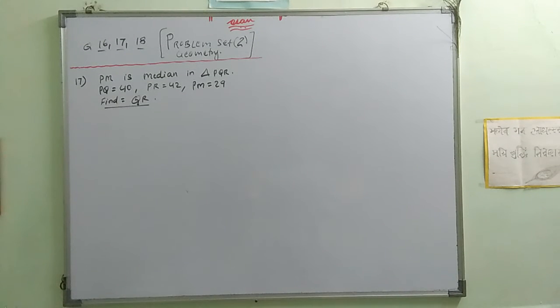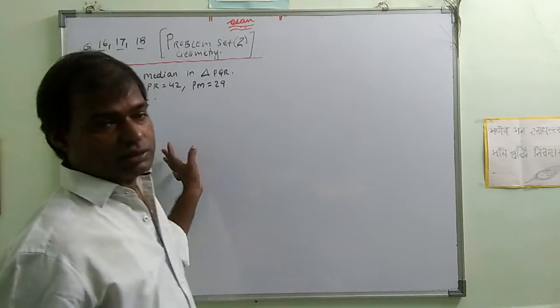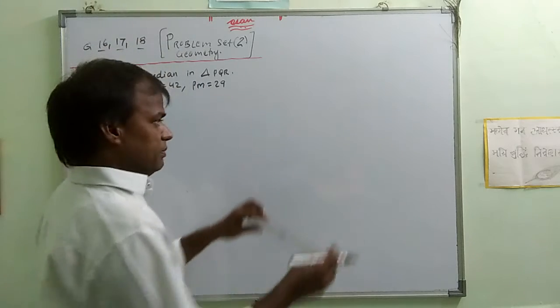Dear students, now we have question number 17 from problem set 2, geometry. We just have information. Let's draw the triangle. Here they are given: PM is the median of triangle PQR.